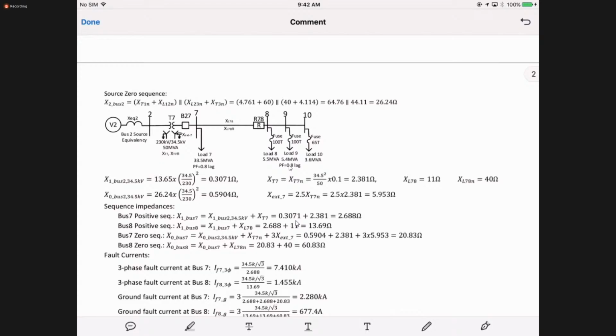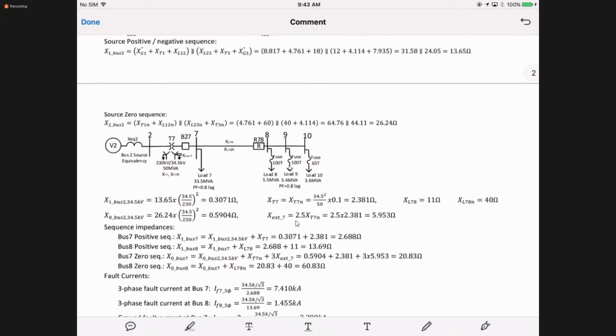Okay, another question is, I have a fault here, or I have a fault here. Sometimes we say, okay, in order to coordinate, what is the chance for this recloser to clear the fault?